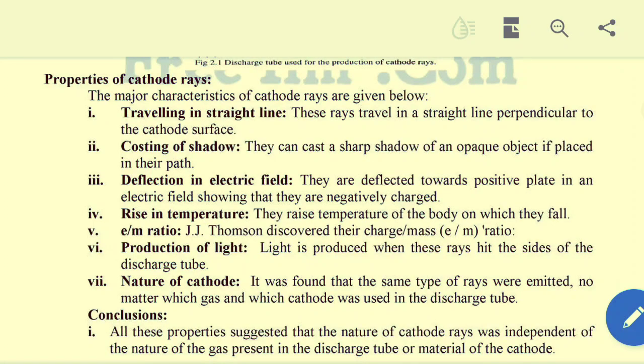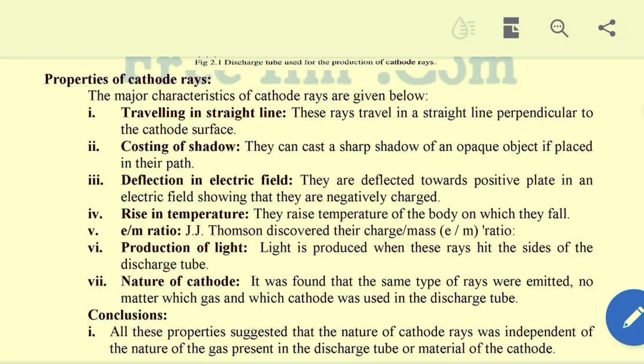It was found that the same type of rays were emitted no matter which gas and which cathode was used in the discharge tube. What does it mean? We know that every element is made up of atoms, and atoms contain electrons. The number of electrons and the electrons in all types of molecules and elements are the same.